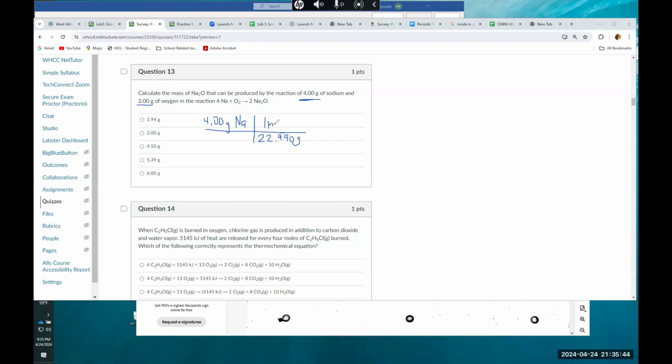So that's going to give us moles of sodium. And then they want it in grams of sodium oxide we're producing, so we have to look at that ratio. What is the ratio of sodium to sodium oxide? 4 to 2.